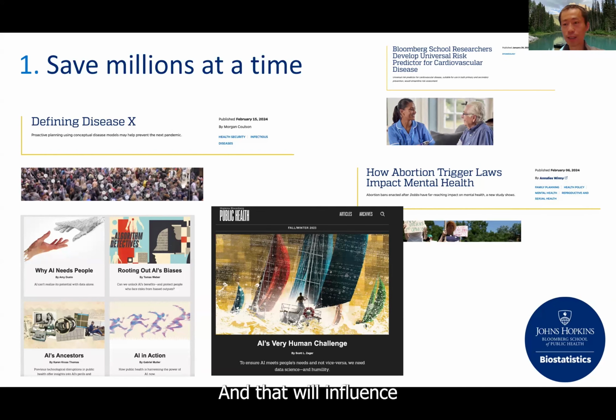That will influence many, many people, not just one. It's unlike a medical doctor, right? A medical doctor is a great job, but each time you only treat one patient. In public health, a policy can influence millions of people at the same time. So we are proud that our work will save millions at a time. That would be the top reason for joining the department.